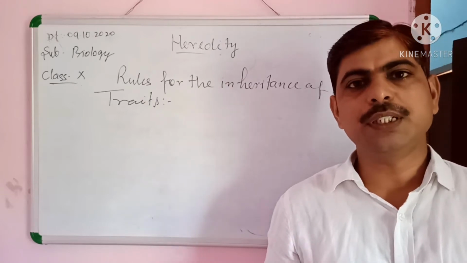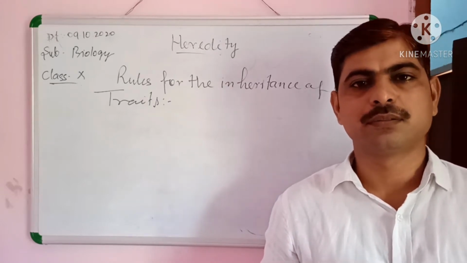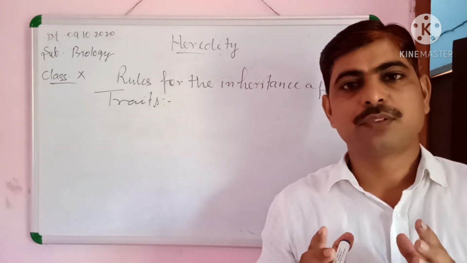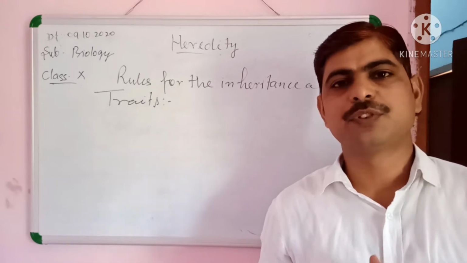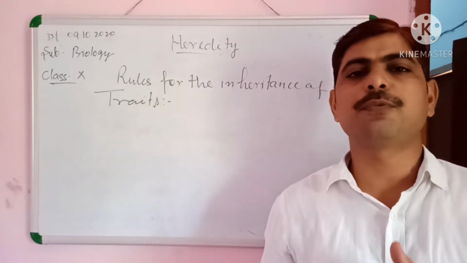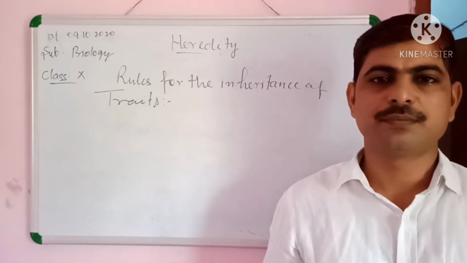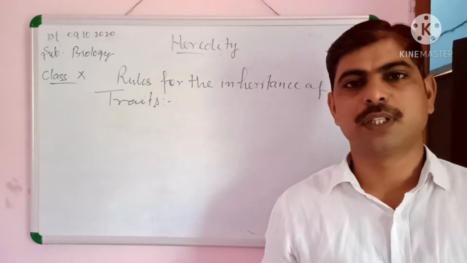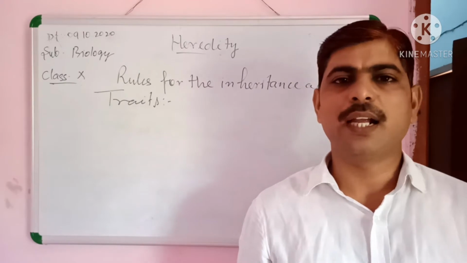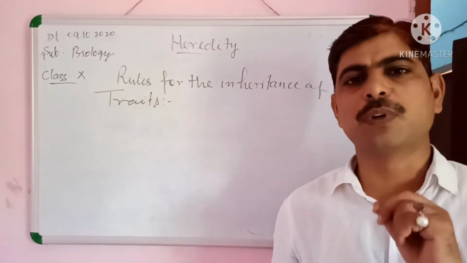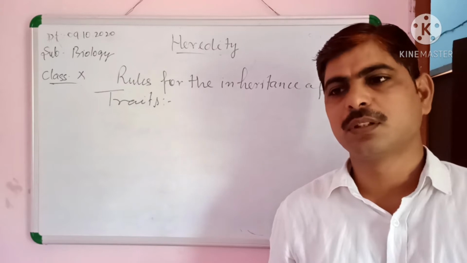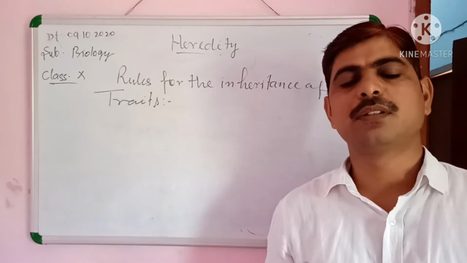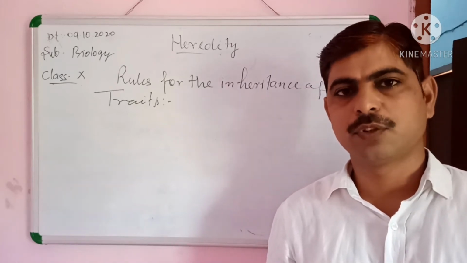The traits of each child are under the influence of the DNA of mother as well as father. It means each trait in the child will have two versions. One it received from its father, and the second version it received from the mother.